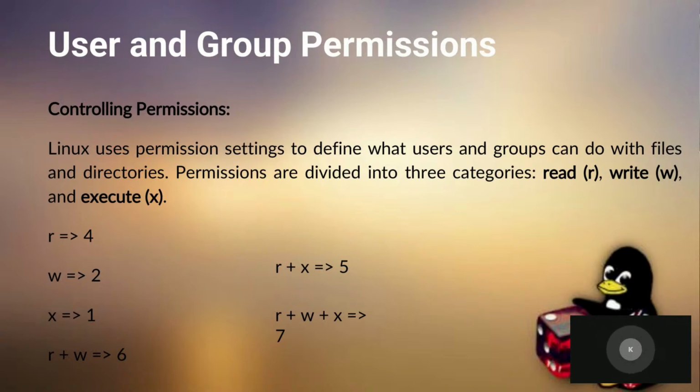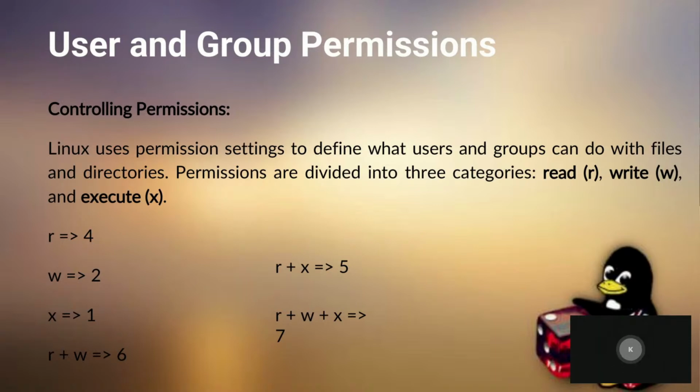The read is assigned a numerical value of 4. Write is assigned a numerical value of 2. Then execute has 1. So now you can combine these three levels of permission to get a combination of the permission.